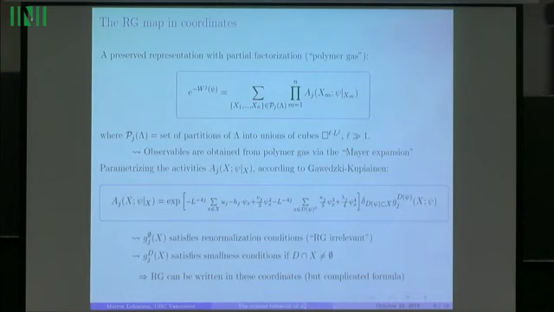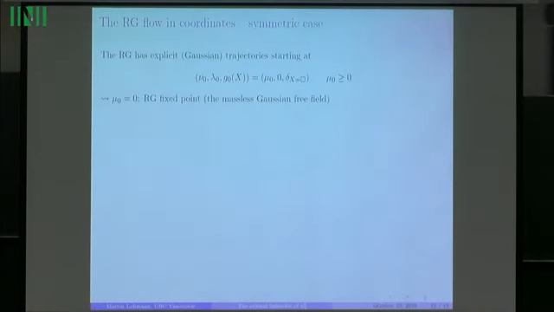Now, I want to show some graphics about how the RG map acts. What is the flow of these coordinates under the RG map? I first want to talk about the symmetric case, where you don't have magnetic fields, and all the functions I showed previously are invariant under psi to minus psi, or under rotations of the vector psi.